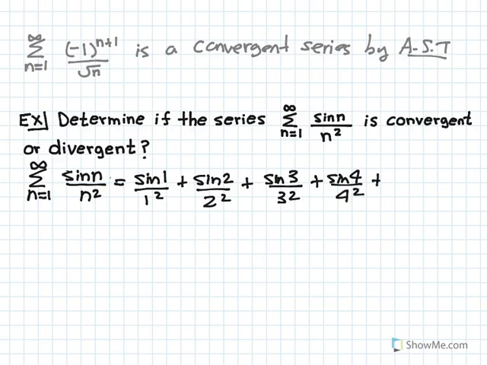If you're calculating these in a calculator, please make sure that you're in radian mode, because all of calculus uses radians. Don't use degree mode, that would give you wrong results.